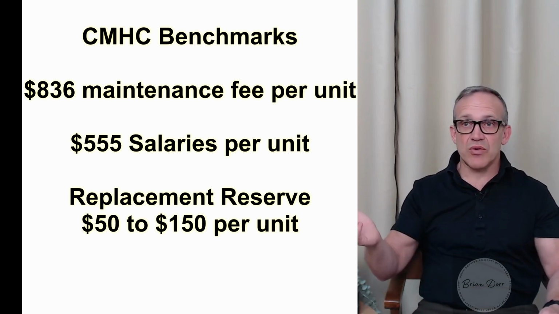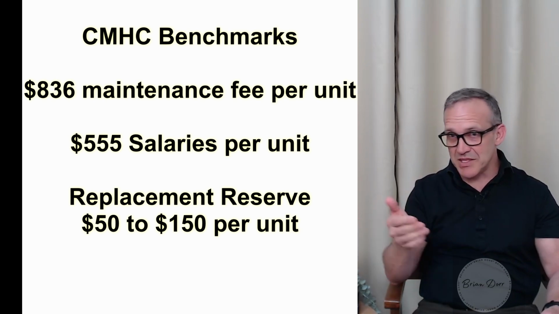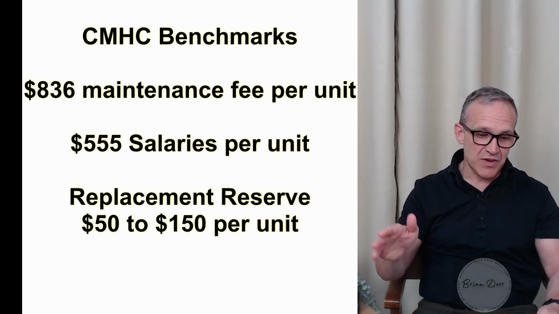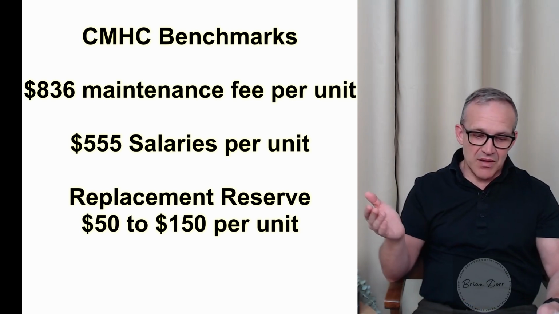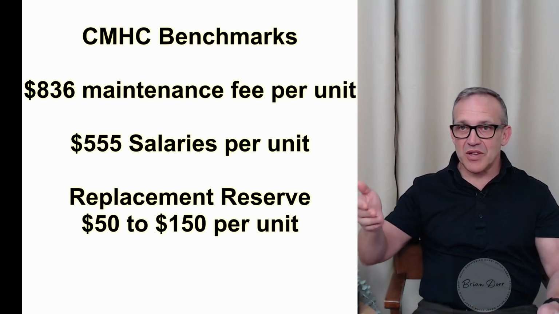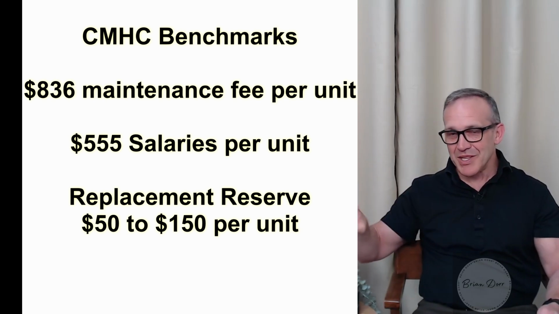They're going to use 4.25%. They're going to use salaries, and whether you pay the salaries or not, they're still going to deduct it, and that's $555 a unit. They're also going to look at things like replacement reserve. The benchmarks vary. It could be $50, $150, depending on what appliances are in place. These benchmarks are published, so you can look them up yourself.